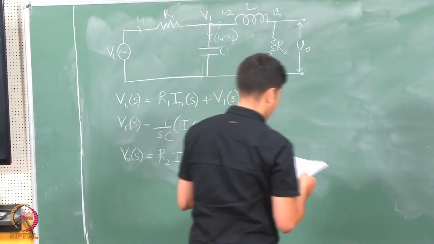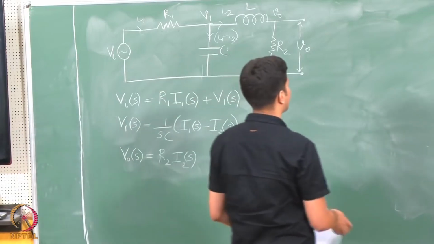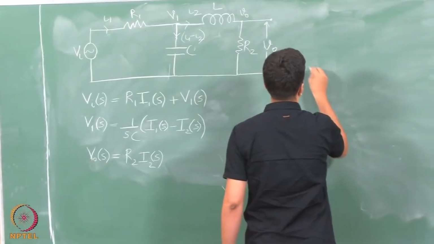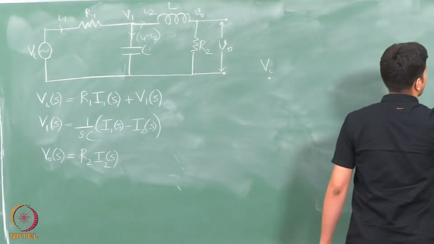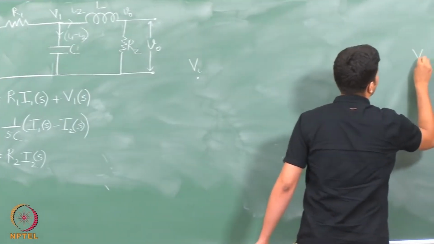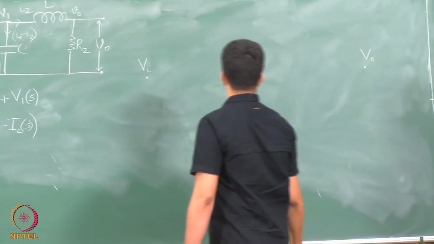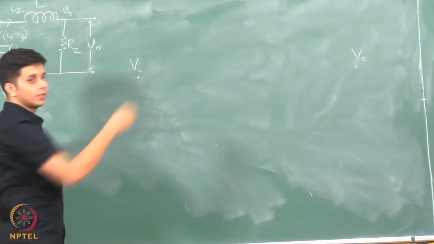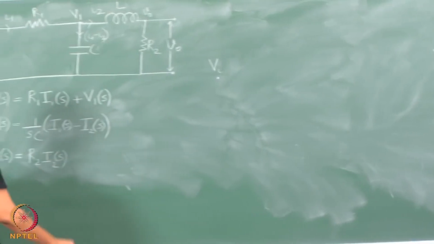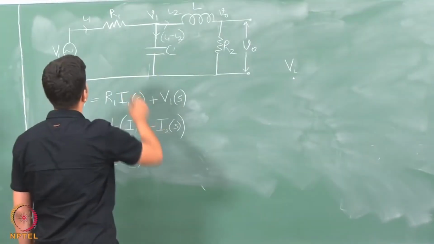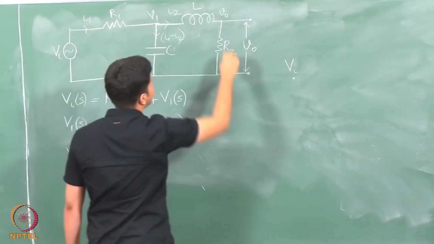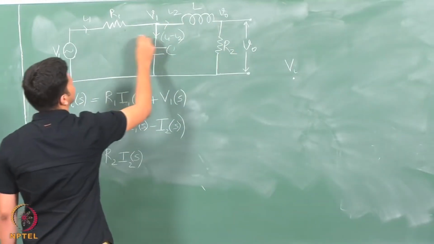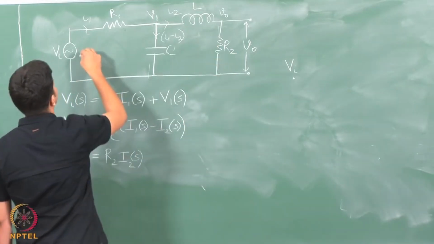Now, while drawing the signal flow graph, you have to go from Vi to V naught. In between, as we said, the nodes are the system variables. So, we include all these variables as nodes, I1, I2. The easiest way is always to put them in the order in which they appear in the series circuit.